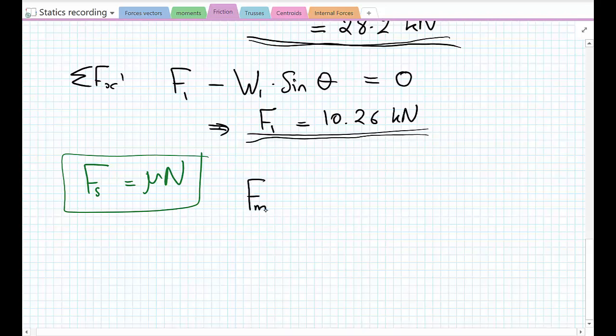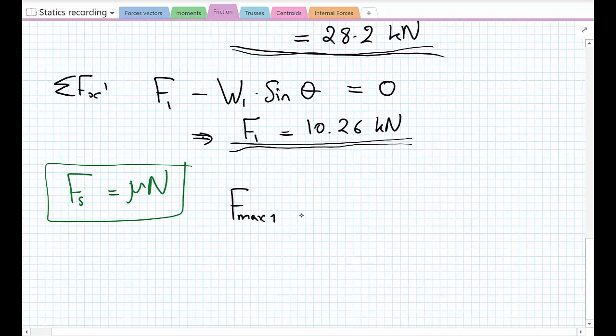So F max, let's call this 1 because we've got another scenario to consider, would be equal to mu F1 multiplied by the N that we just calculated.